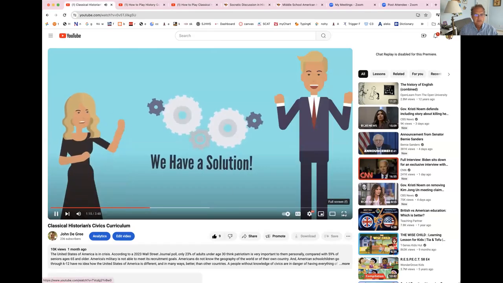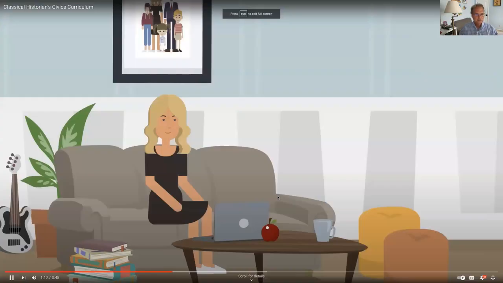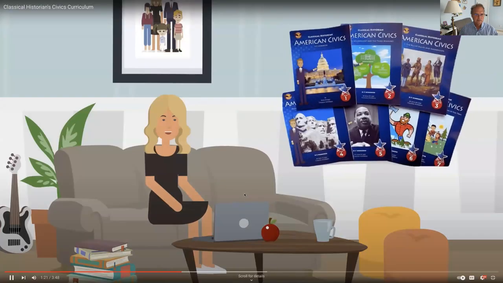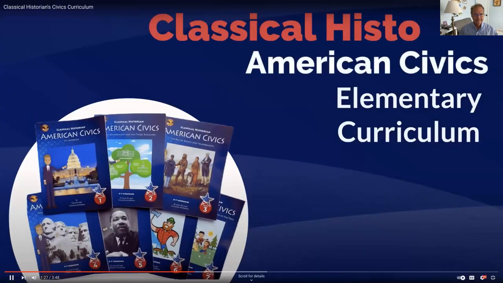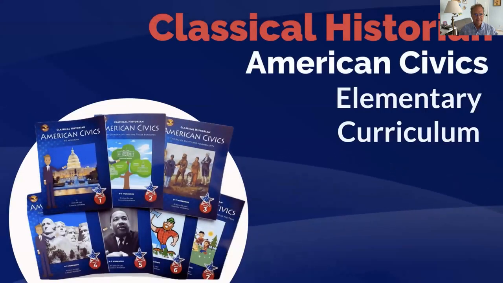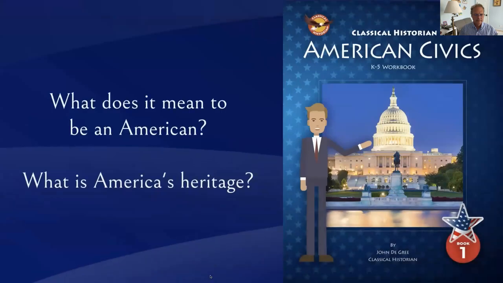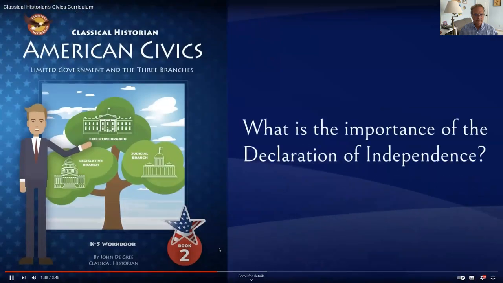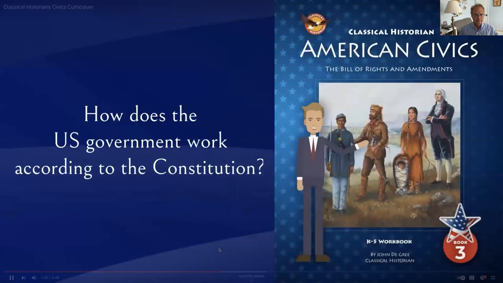We have a solution. Classical Historian's American Civics K-5 curriculum teaches children what every citizen needs to know, and it does so in a fun and engaging way. This 7-book curriculum answers: What does it mean to be an American? What is America's heritage? What is the importance of the Declaration of Independence?